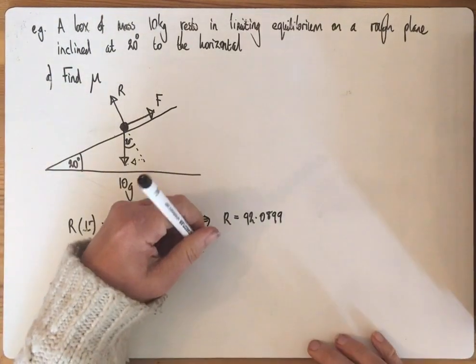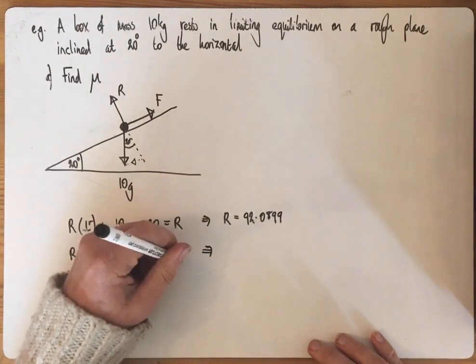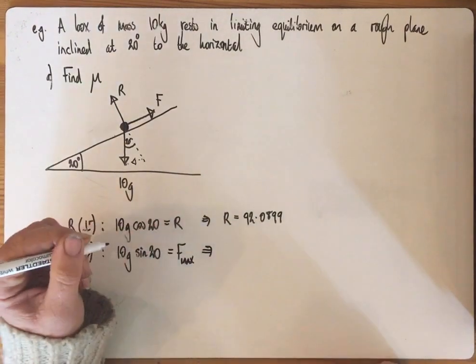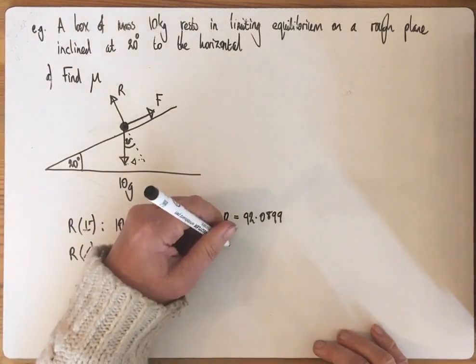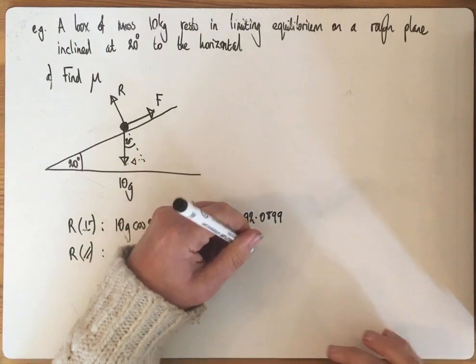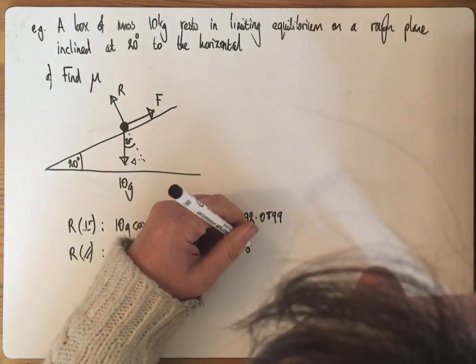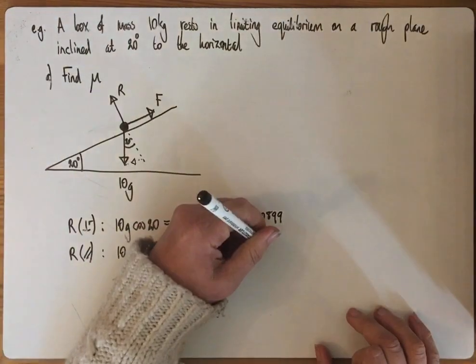So from there, you could write in F max if you quite like that. And so from there, F is equal to 33.51797.